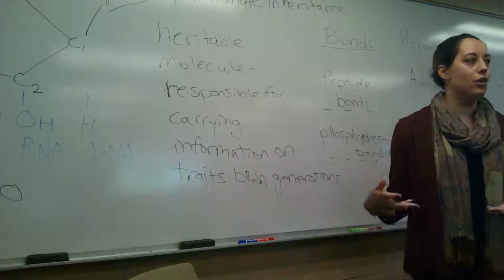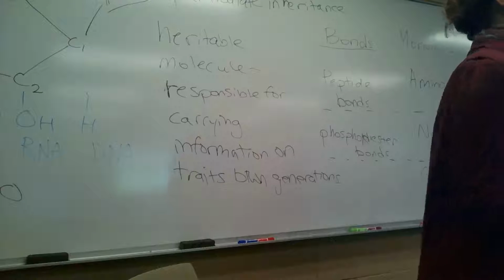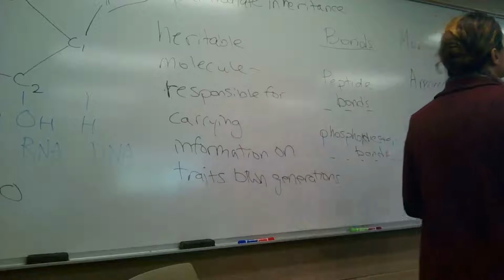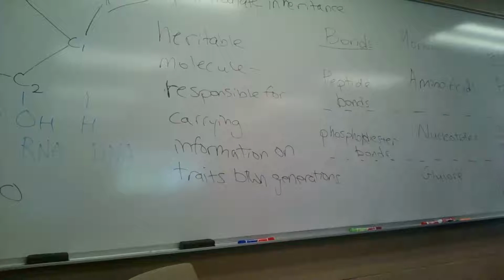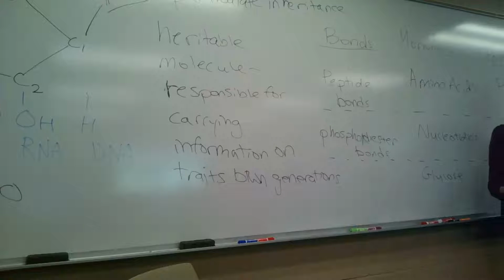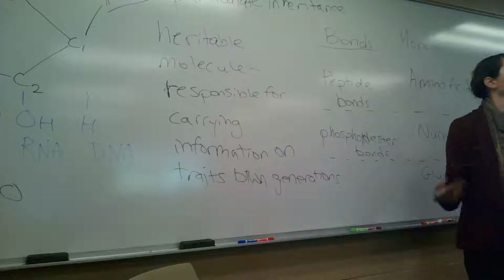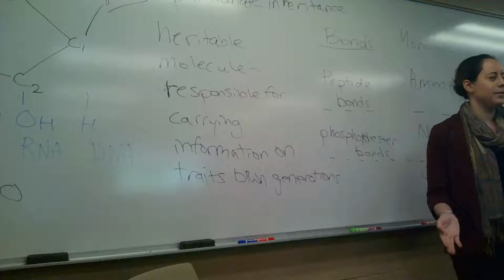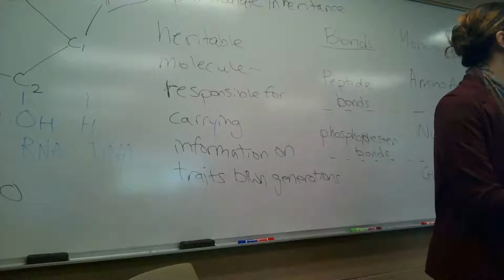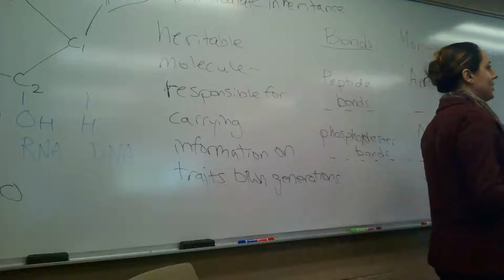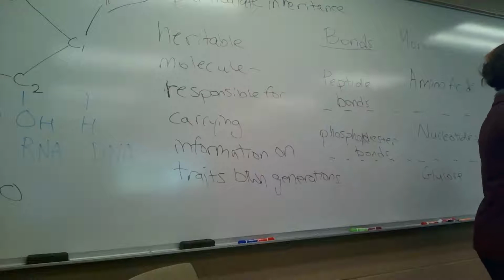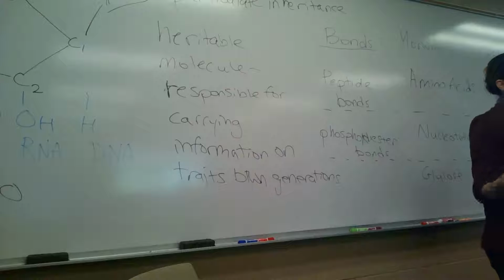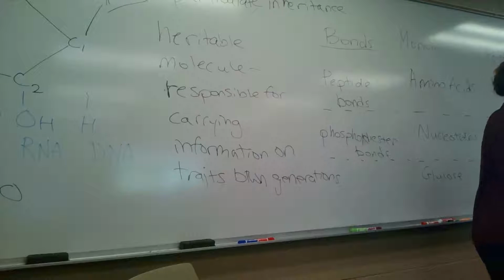What we now know, and what's really neat for me as a microbiologist, is that some bacteria, when they're stressed, will pick up DNA from the environment. Not all bacteria, but some bacteria. This is one of the reasons why we had a lot of outbreaks of MRSA, maybe 10 years ago, a little bit less, because some bacteria can just pick up DNA from the environment, from the dead cells around them, particularly when they're stressed.